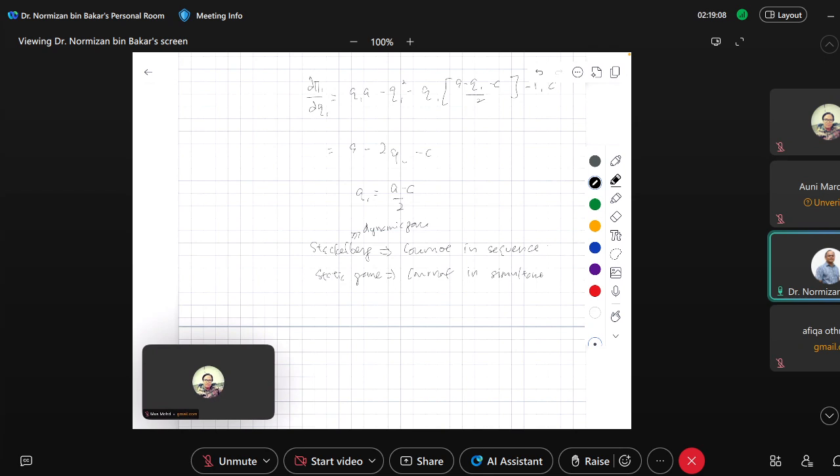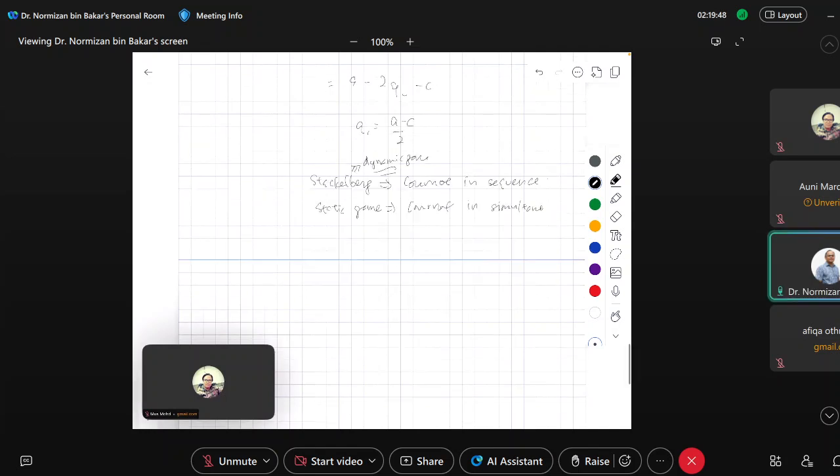If we compare in the dynamic game, the leader of the market, the dominant firm, will produce more. So the leader will produce more than what we have seen in Cournot, where both firms produce a similar amount.